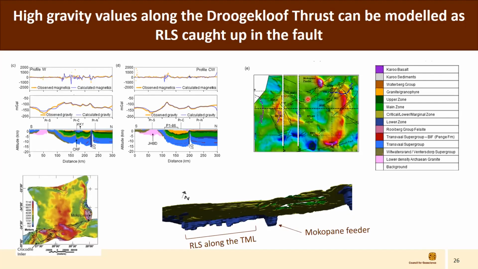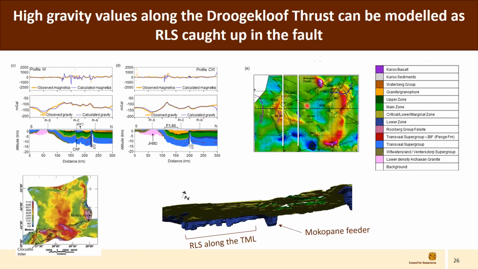Well, there's a gravity high under a magnetic anomaly along here. Of course, there's also mapped Penge formation, which is very magnetic. So I tried to model it just with the Penge, but you can't really model that anomaly just with Transvaal rocks. You need something quite dense there.